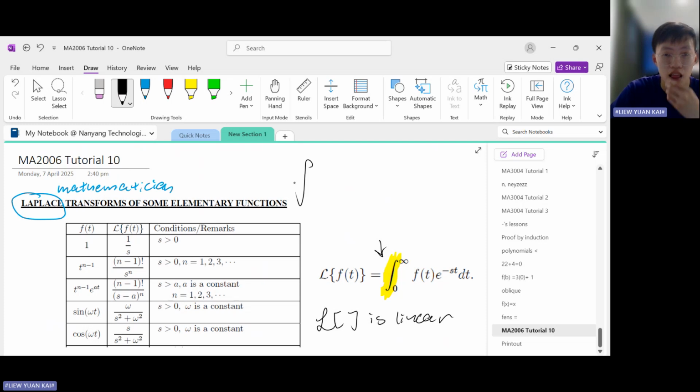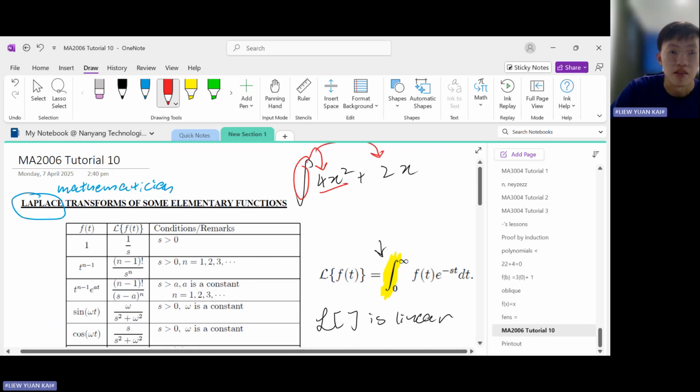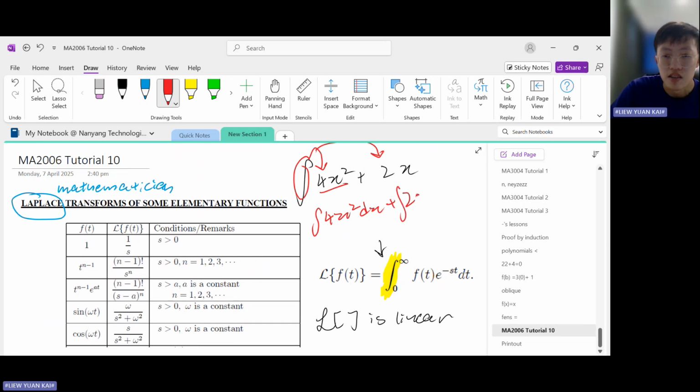For example, I give you the integral of 4x squared plus 2x. First of all, this integration can act on the first term and the second term separately. So this becomes integral 4x squared dx plus integral 2x dx. And next, you know that constants can be pulled out.